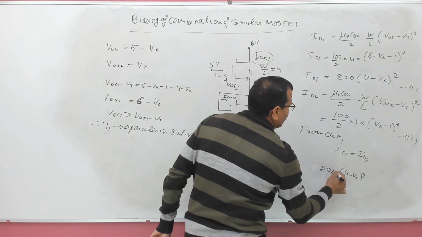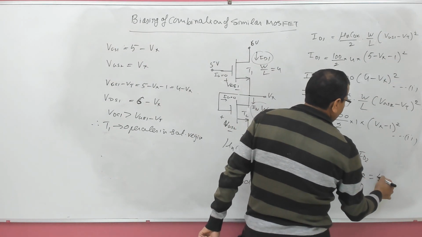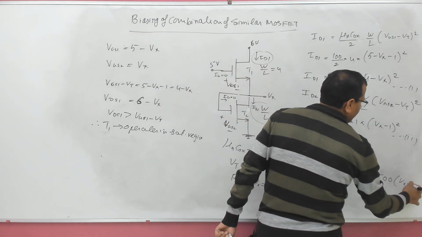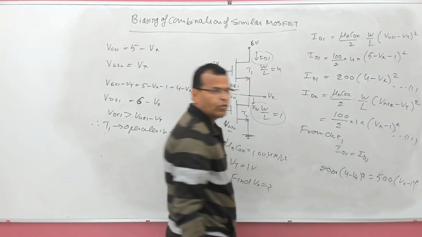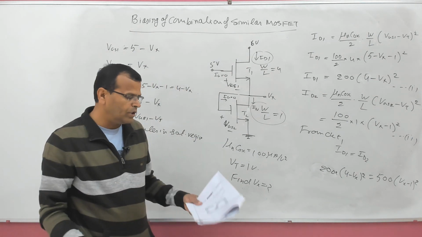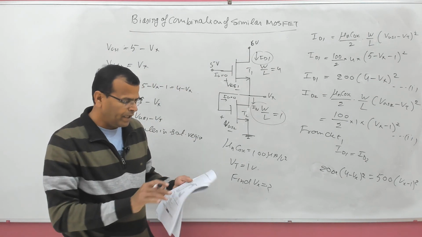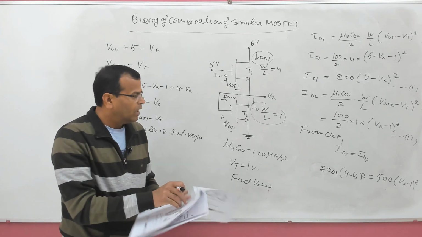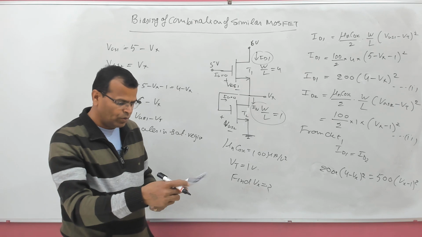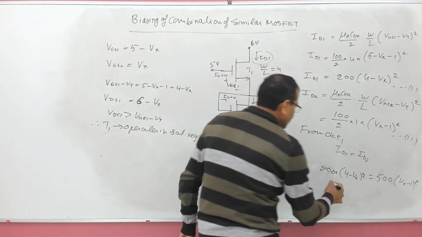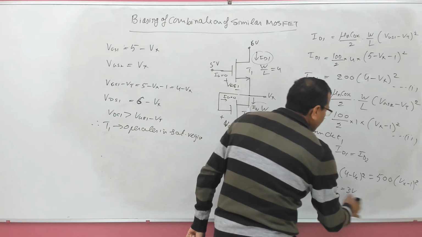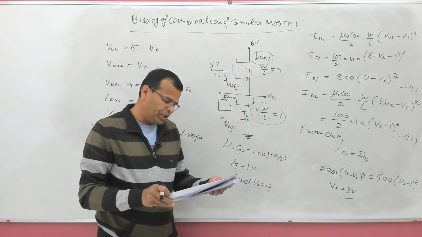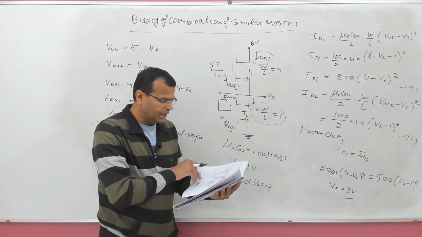That is equal to 50 into Vx minus 1 whole square. So you can simplify this equation and solve it for Vx, and Vx comes out to be 3 volt. You can solve it yourself. Fine. So this was the question asked in GATE.